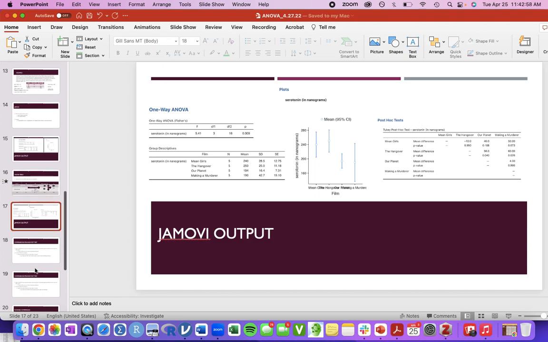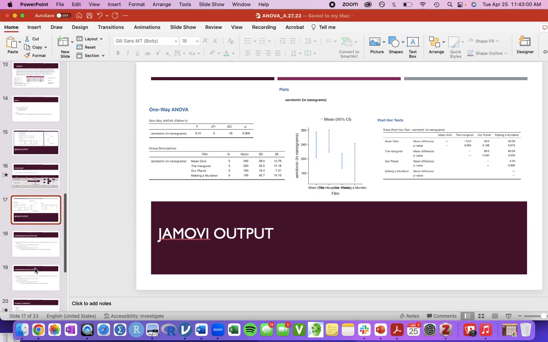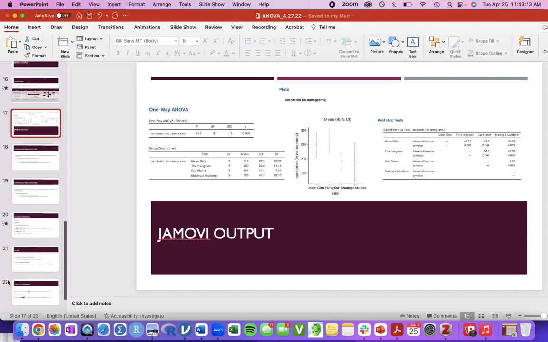So now what we can do is move on to what comes next. When we know that we have a significant difference somewhere, we want to find where that significant difference is. So what we'll do is a couple of different things. Most commonly, we conduct a post hoc test.